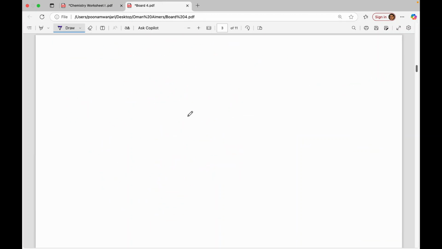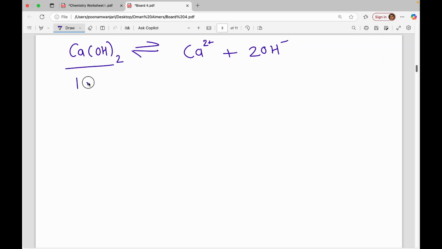First you need to identify this is calcium hydroxide, and on dissociation it gives Ca 2 plus plus 2 hydroxyl ions. 2 hydroxyl ions means 1 mole of calcium hydroxide generates 2 moles of hydroxyl ions.